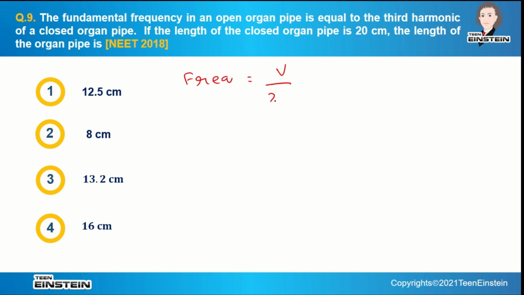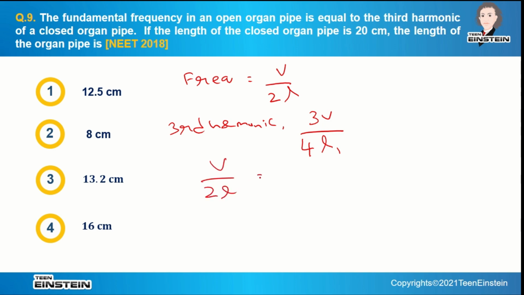The frequency of the third harmonic for a closed organ pipe is given by 3V by 4L1. They have said that both are equivalent, so you will be equating both.